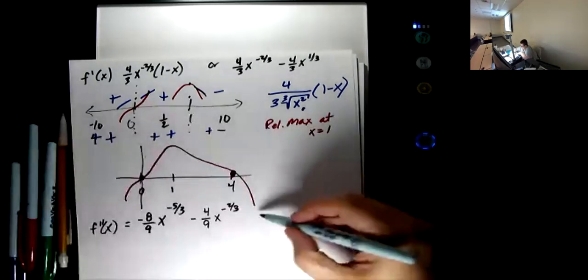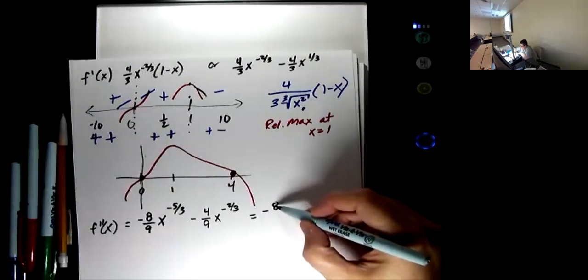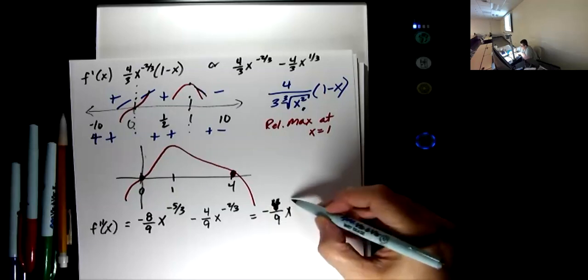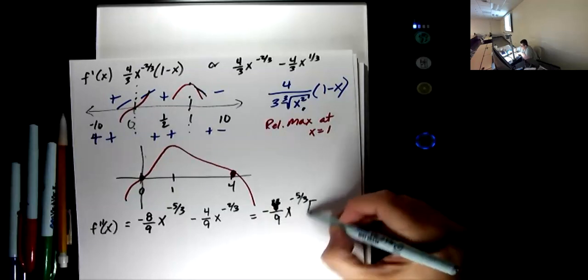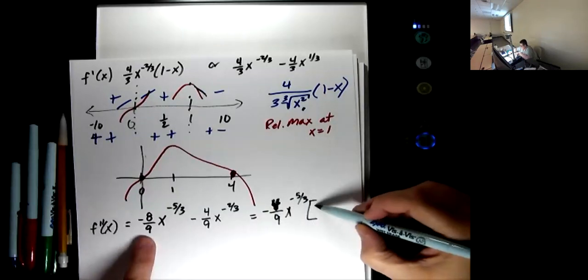And if I factor out the -8/9, 4/9, x to the -5/3, we'll have a 2 minus x.